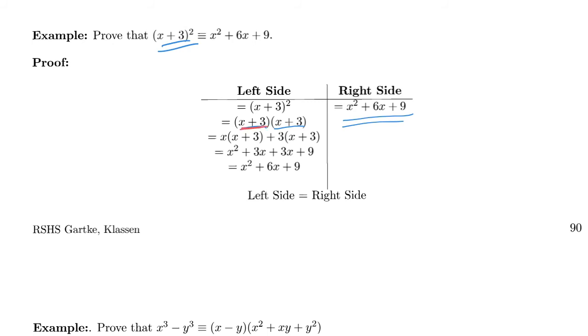This x plus 3, the x gets multiplied by x plus 3, and then the 3 gets multiplied by that x plus 3. That x plus 3 gets distributed to both terms, and then you distribute the x to both terms, and then we group together the like terms, so x plus 3 squared is equal to x squared plus 6x plus 9. And again, the left side equals the right side, so I know that that is an identity.